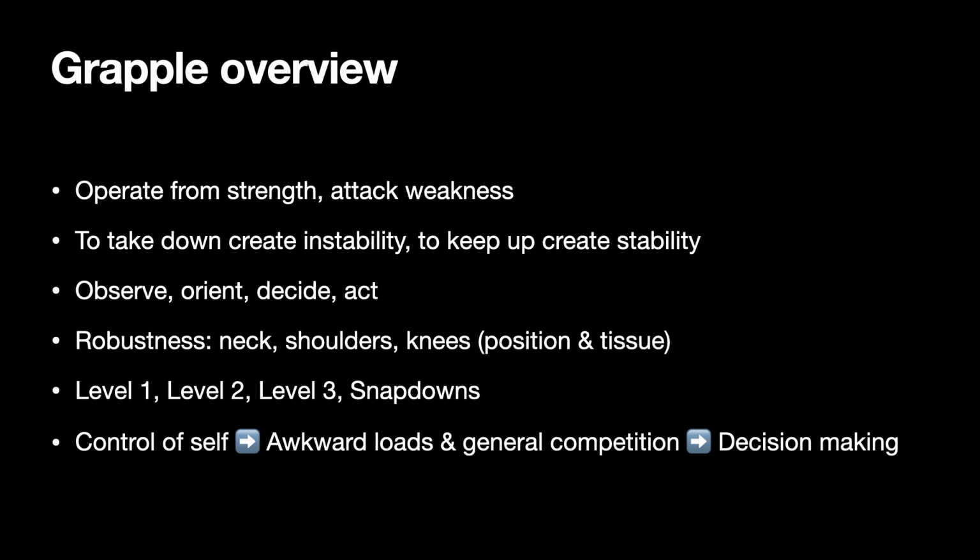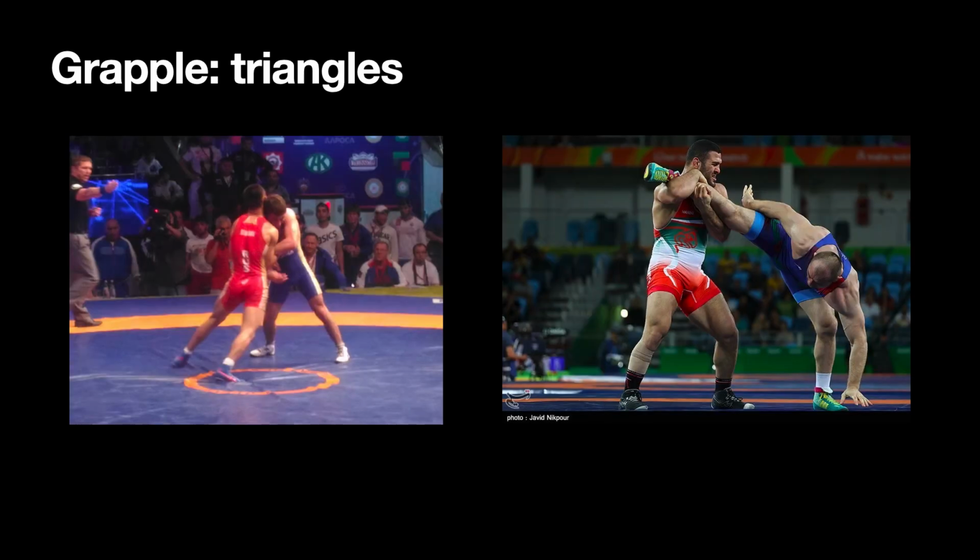When you get into a pyramid type shape, that is a stable shape. So it makes sense that when you are trying to take somebody down, you are trying to do the opposite, i.e. narrow their base of support, raise their center of gravity, and tip the center of gravity outside of the base of support. And this is exactly what you see in this example on the right of the freestyle wrestler.